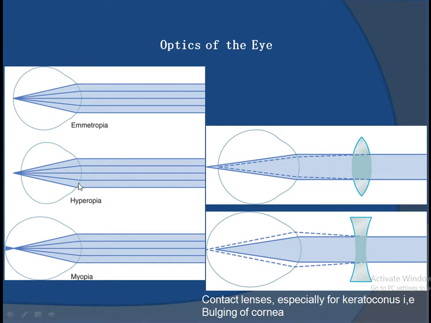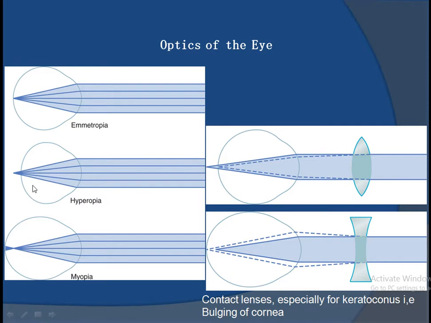In hyperopia, the image is formed far away, behind the retina, and in myopia it is in front of the retina instead of on the retina. So in both of these conditions the image is not forming on the retina; it is behind the retina or in front of the retina, but it must be on the retina.